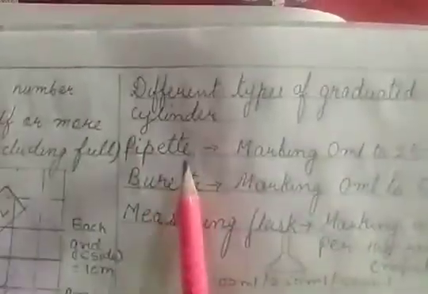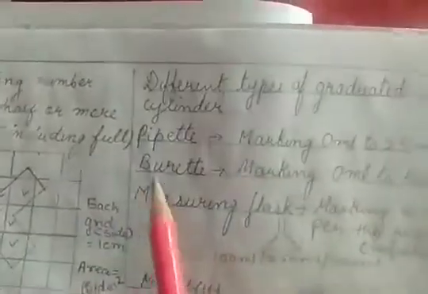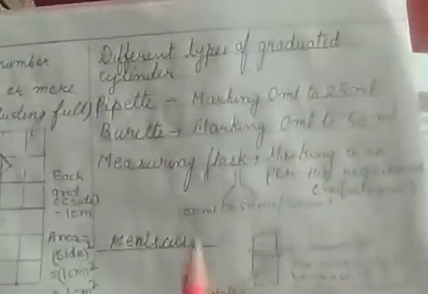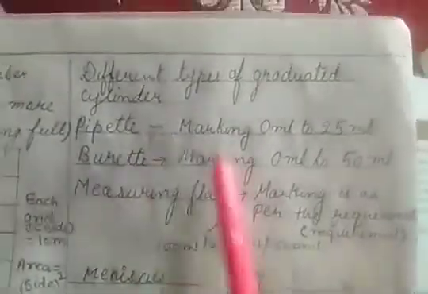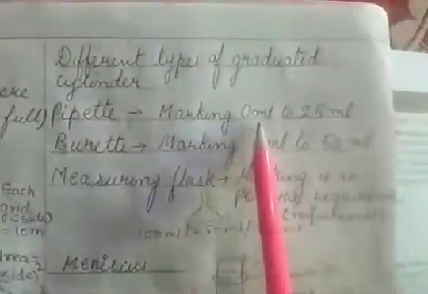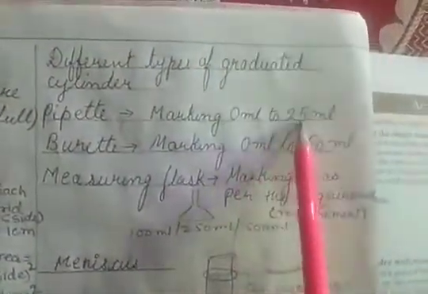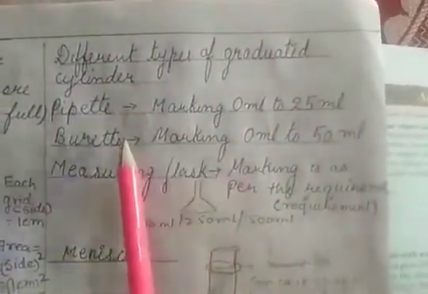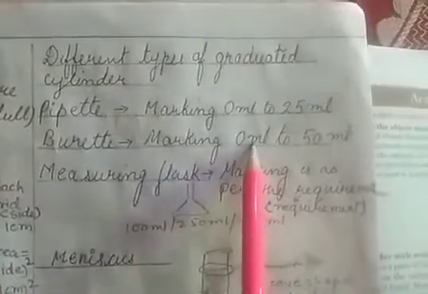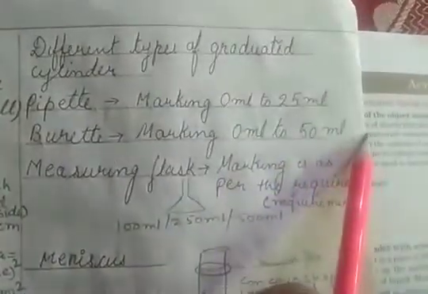This is a pipette, burette, measuring flask. All right, the first one has marking from 0 ml to 25 ml. The second one has marking from 0 ml to 50 ml.